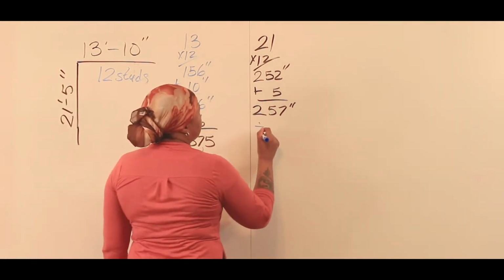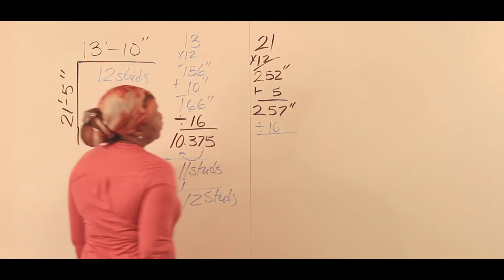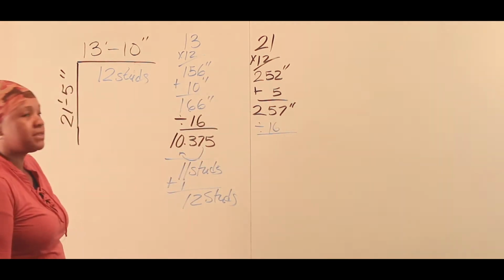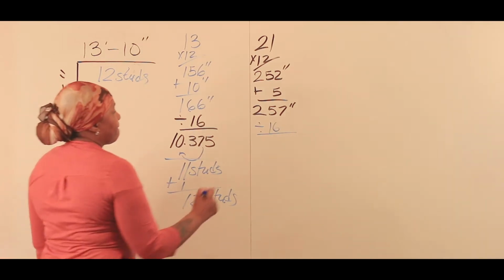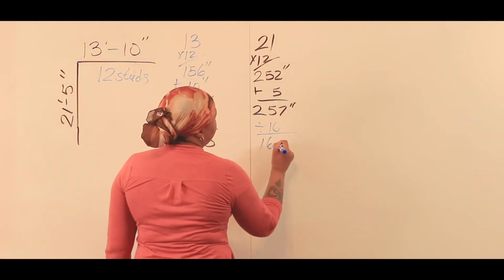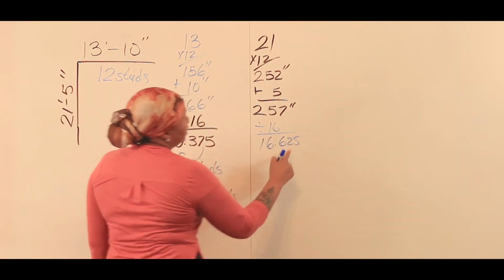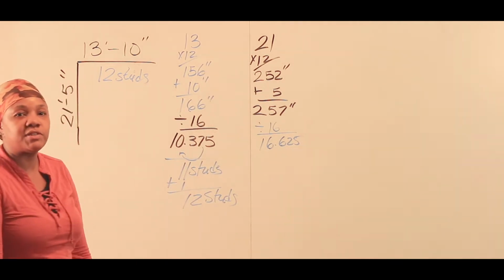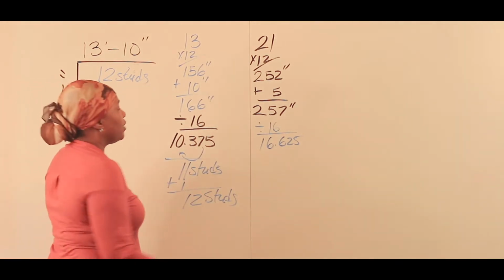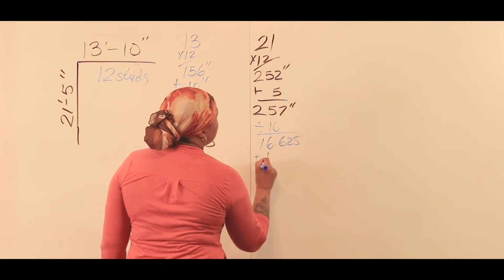Divide by 16 because it's 16 on center. 257 divided by 16 is 16.625. Anytime we have a decimal, doesn't matter what it is, we round up one whole stud.